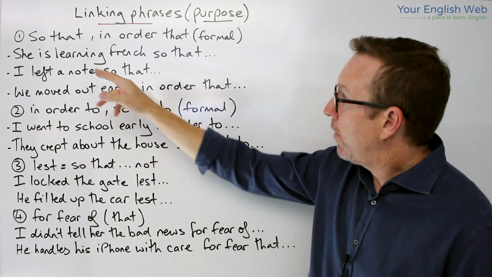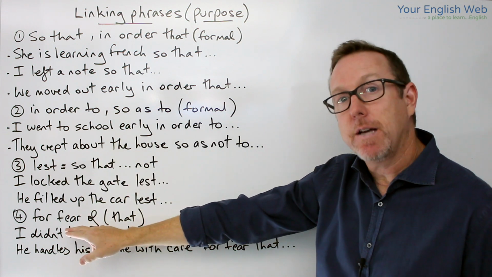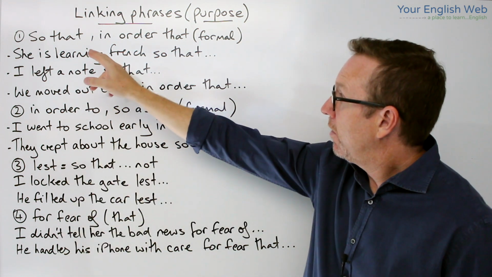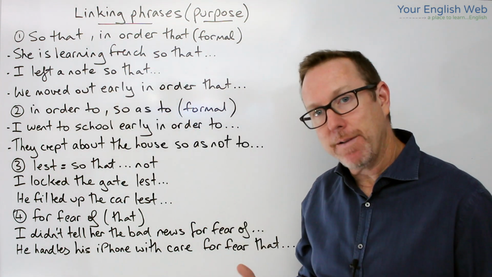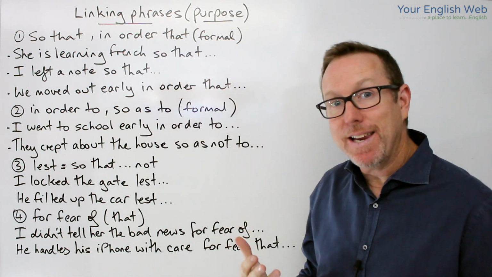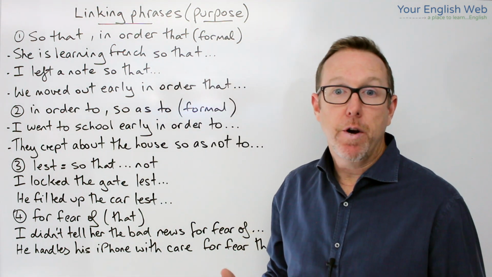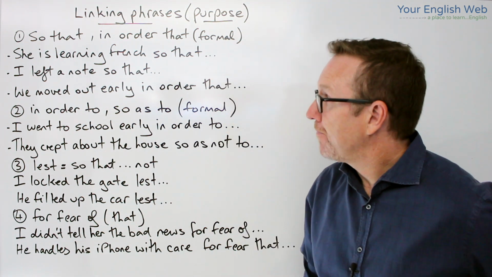Now we have 4 different types of linking phrase. Well, actually, we have more because some have 2, but they have the same meaning. And we're going to fill in or complete, let's say, the subordinate clause for these sentences.